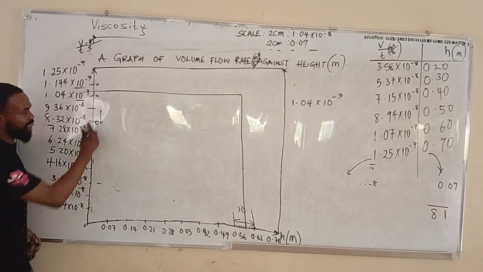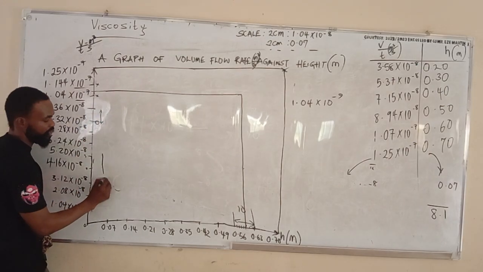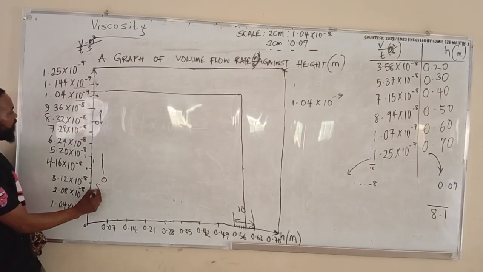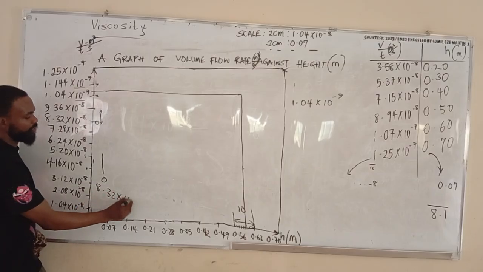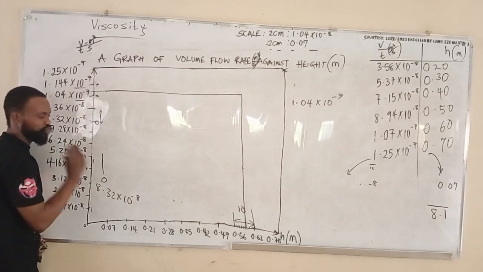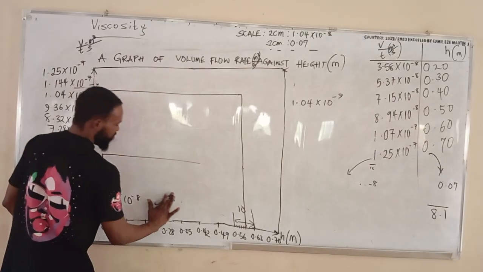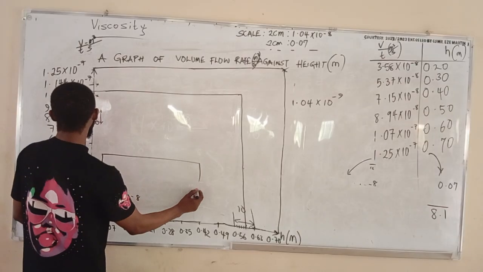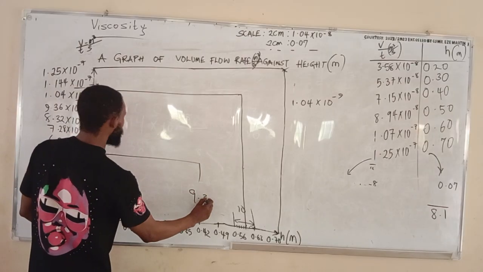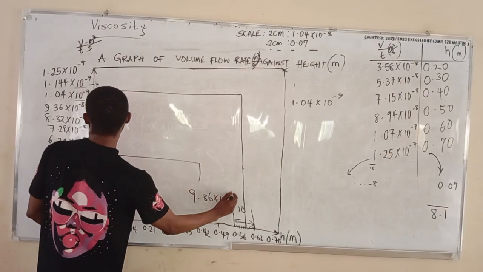So let's say this is from this to this, let's say this is 0, and this 0 is set as 8.32 times 10 raised to the power minus 8. Don't worry, as you learn it, we won't be doing this thing again, but learn it first, so that you are watching this inside your graph. So 9.36 times 10 raised to the power minus 8.